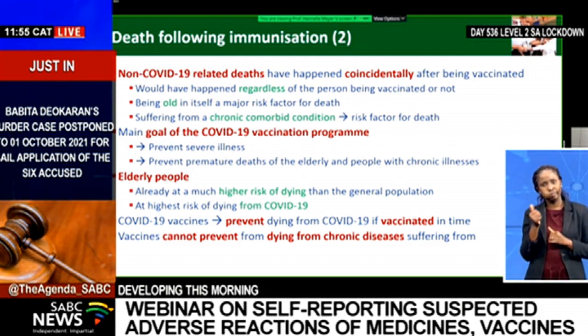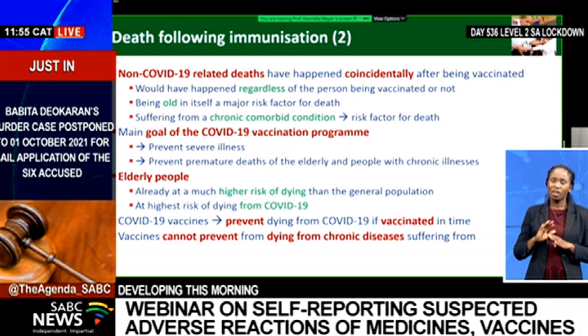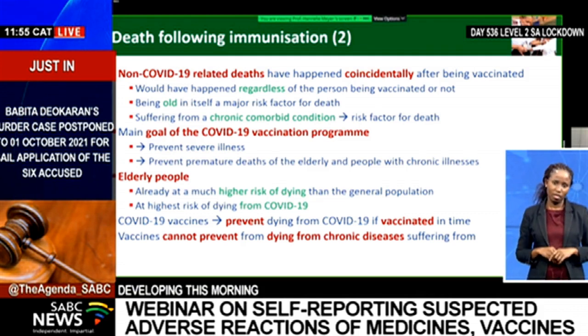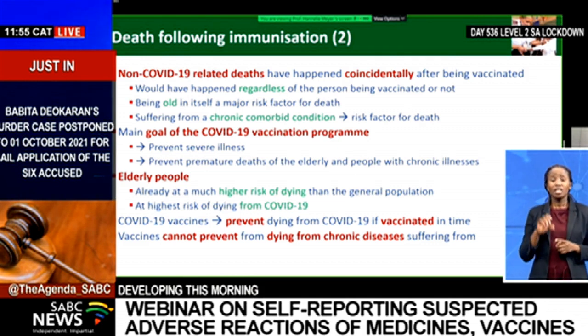And what we also need to remember is that the main goal is to protect everybody from severe illness, especially the elderly population. They are at a higher risk of dying, but they are also at a higher risk of dying from COVID-19. So if they are vaccinated in time, the vaccination can protect them, but it cannot prevent them from dying from a chronic illness.